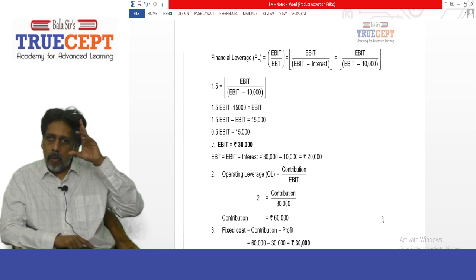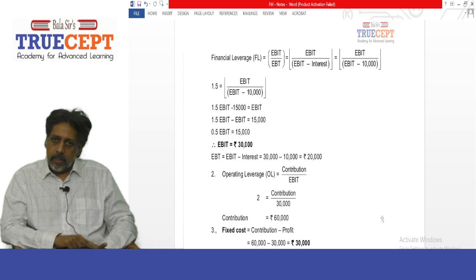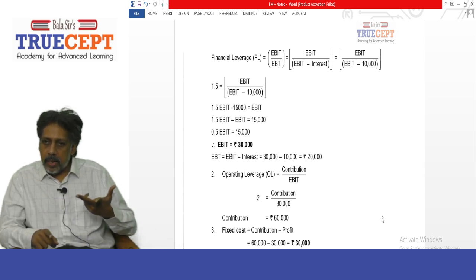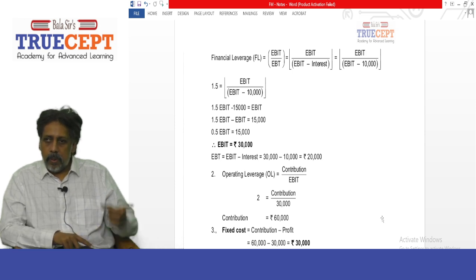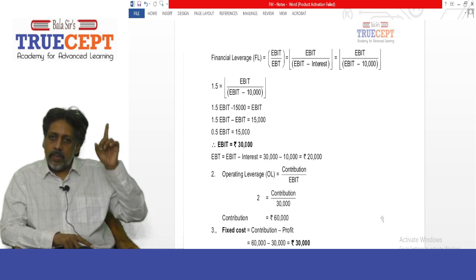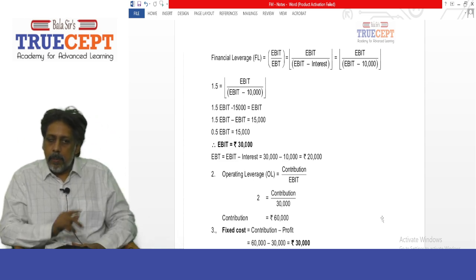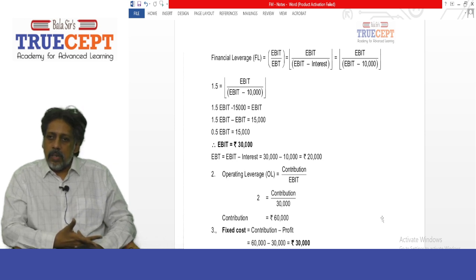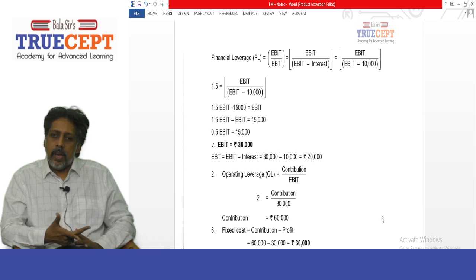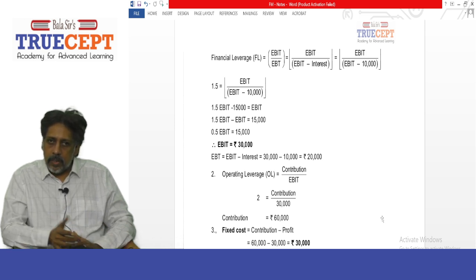Now, 1.5 times equals EBIT, I don't know, but denominator is what? It is EBIT minus interest, which is EBT. So, EBIT minus 10,000. Now, when I solve this, how much do I get for EBIT? We get EBIT 30,000 rupees. Rupees 30,000 is your EBIT when you solve this equation. Is that fine?